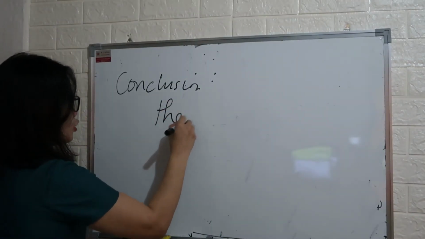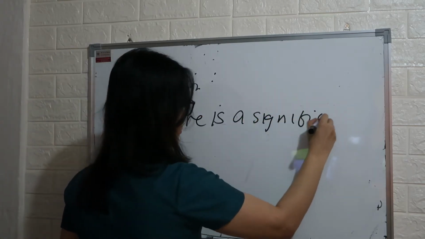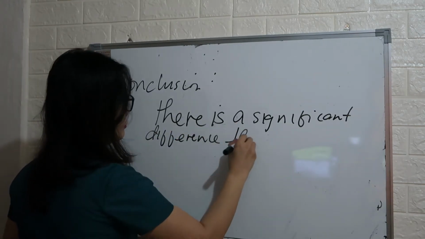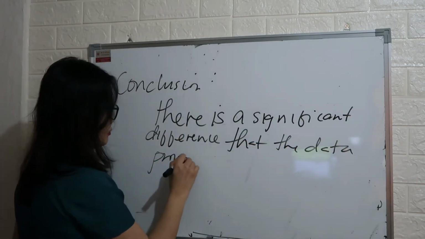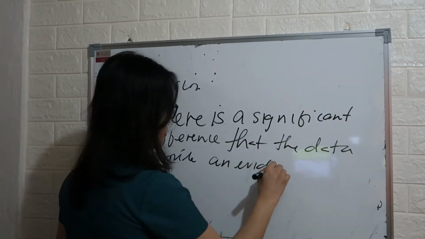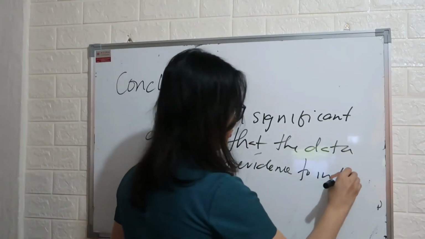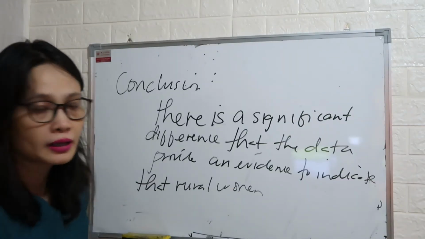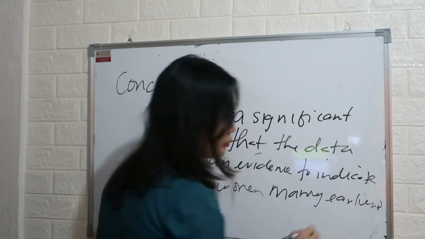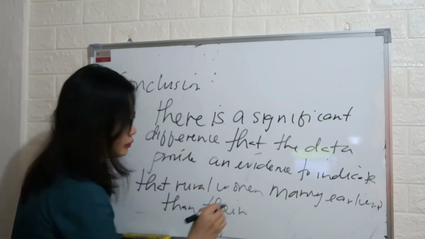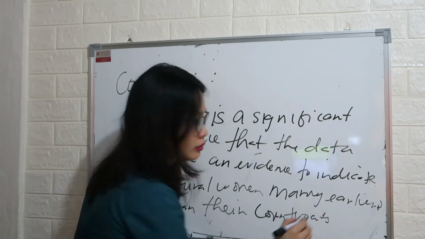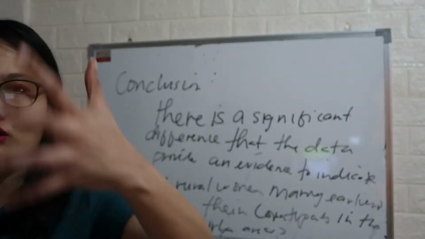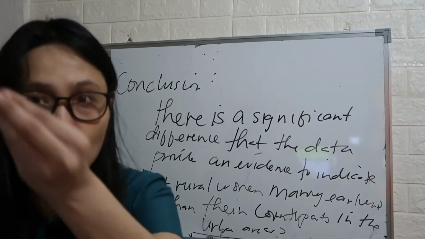There is a significant difference: the data provide evidence to indicate that the rural women marry earlier than their counterparts in the urban areas.